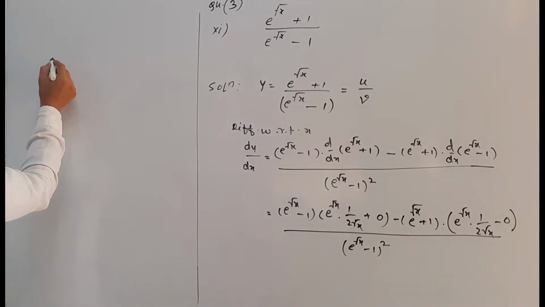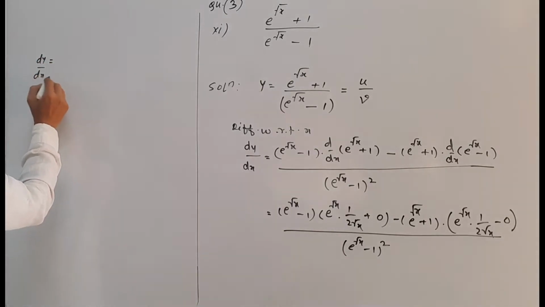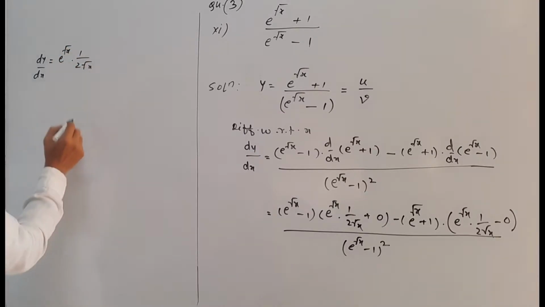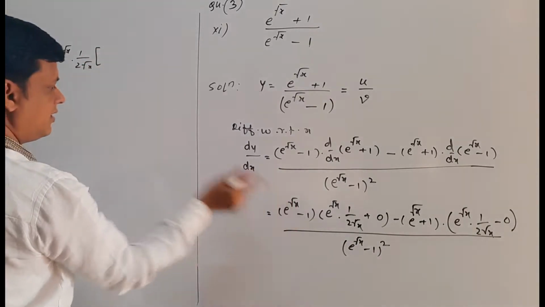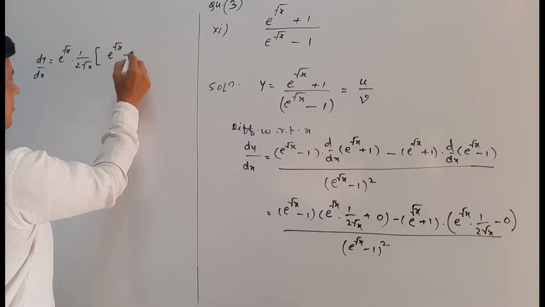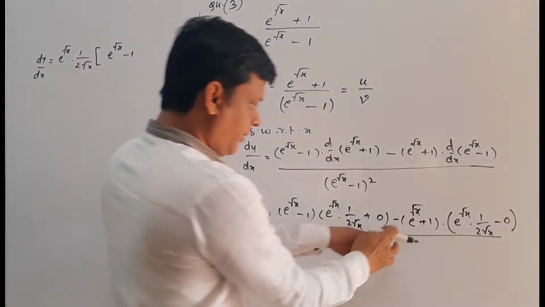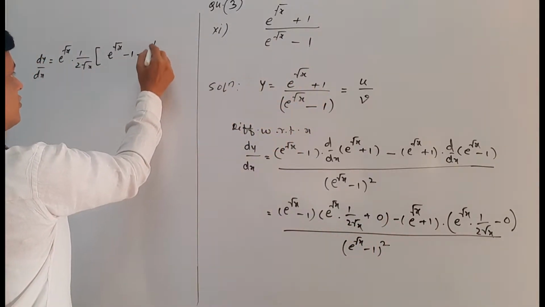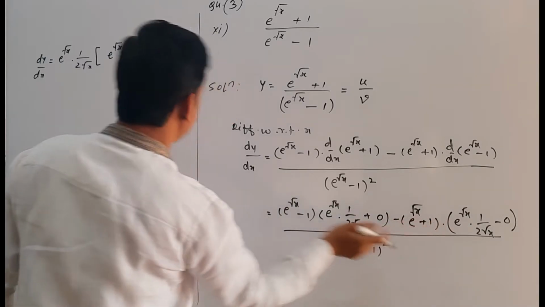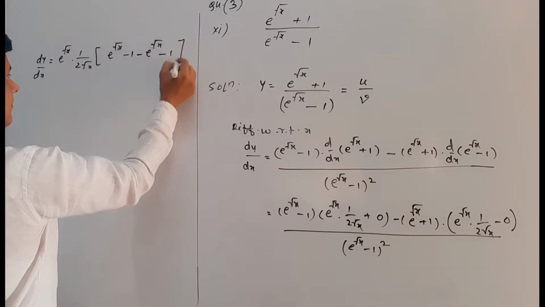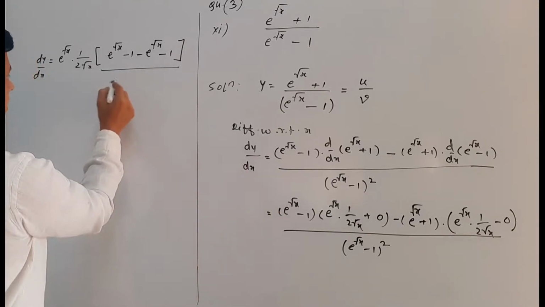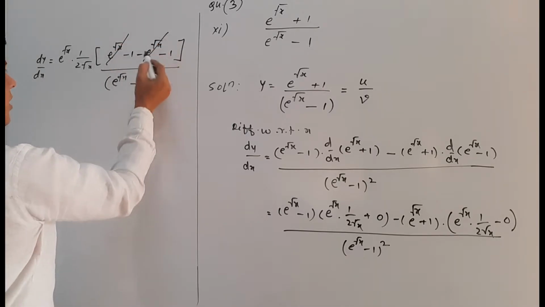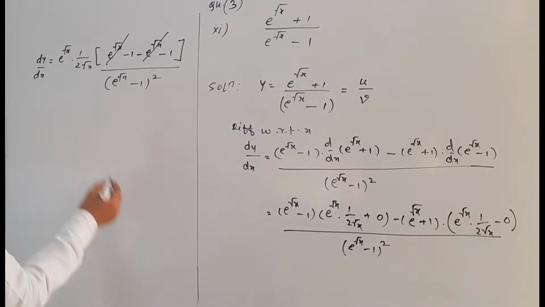So we write here dy by dx is equal to e raised to the power root x into 1 upon 2 root x, in bracket e raised to the power root x minus 1, and when we multiply by the minus sign to this bracket we get minus e raised to the power root x, minus plus minus, so we get here minus 1, upon e raised to the power root x minus 1, its bracket square. So plus e raised to the power root x minus e raised to the power root x get cancelled here.